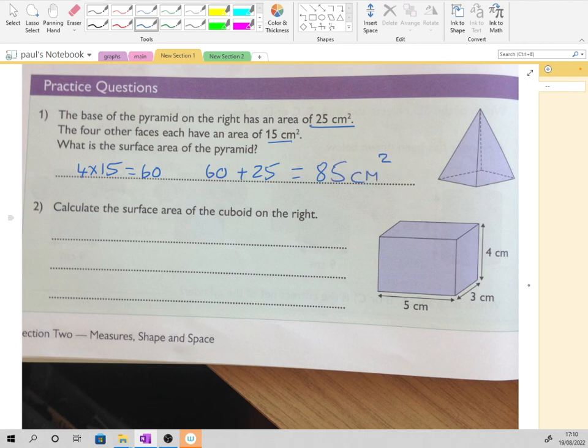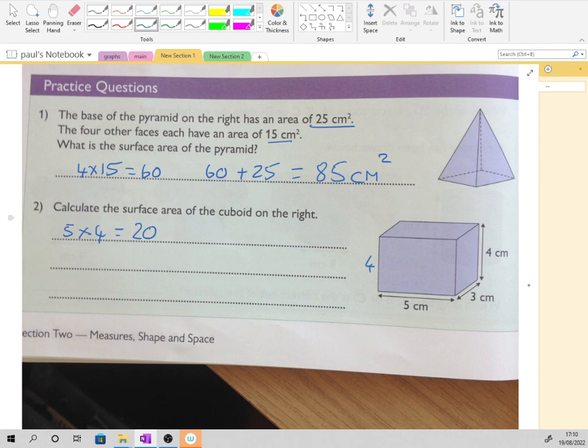Okay, calculate the surface area of the cuboid. Right, so front and back, well, just the front first of all, 5 times 4, yeah, because that's 4. So 4 times 5 will equal 20. Now I've got 4 of them, 1, 2, 3, round the back and underneath.